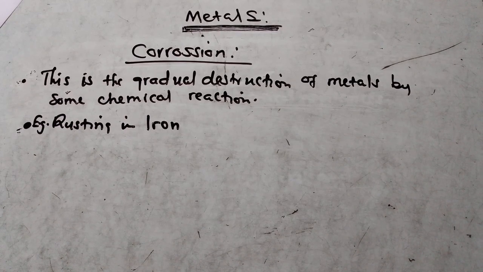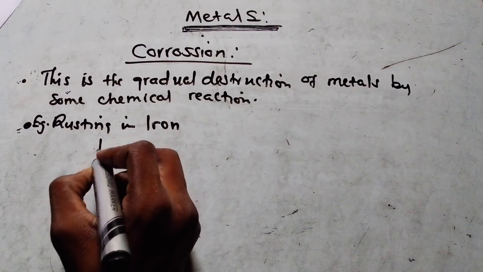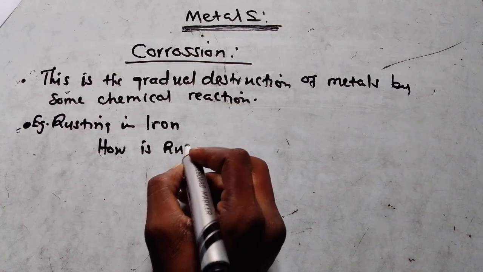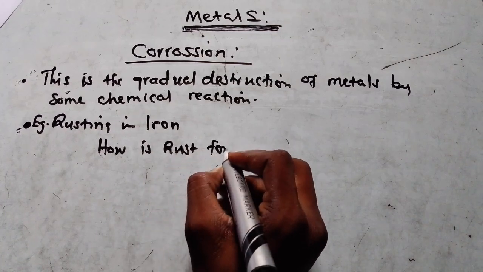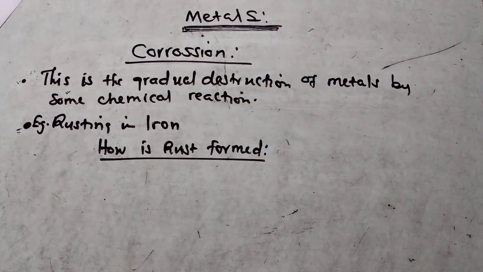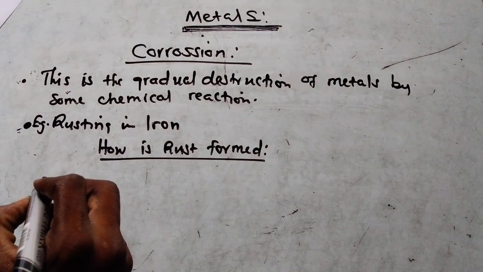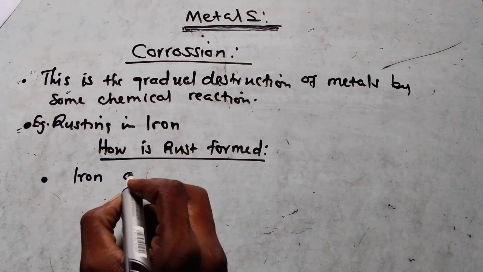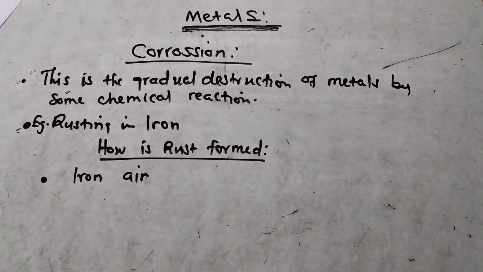So, how is rust formed? It is formed when iron reacts with air in the presence of water.